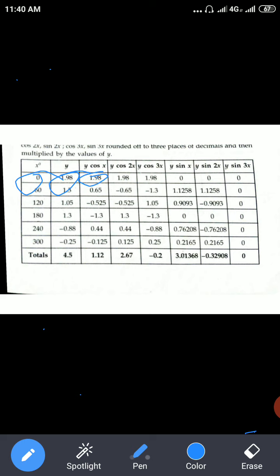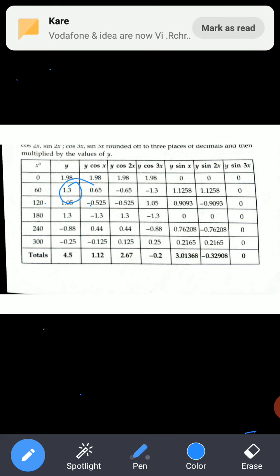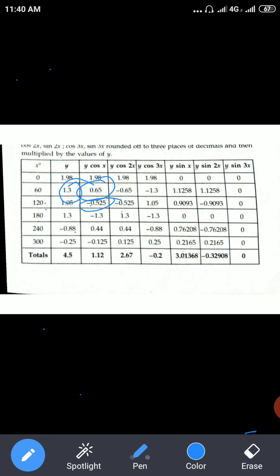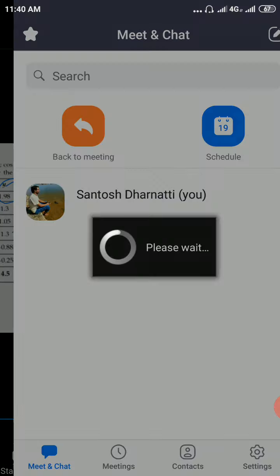Similarly, for the next one, y is 1.3, 1.3 into cos of 60 degree. 1.05 cos of 120 degree is this much. 1.3 into cos of 180 degree is this much. Minus 0.88 into cos of 240 degree is this much. Minus 0.25 into cos of 300 is this much. So similarly, 1.98 into cos of 2 into 0 is this much.